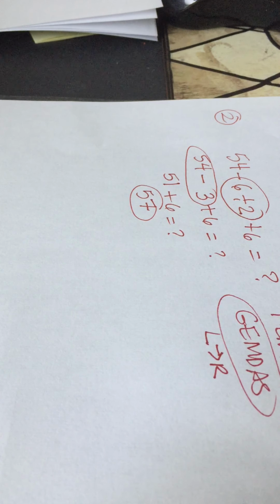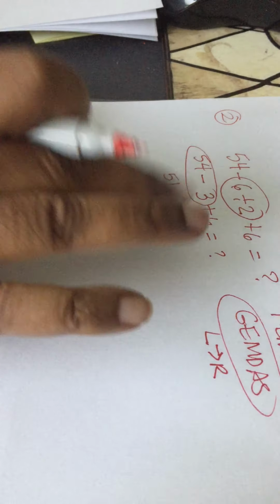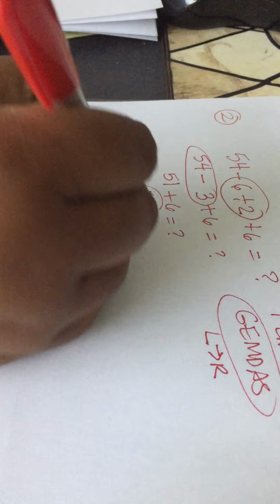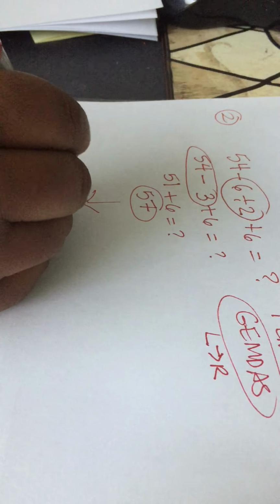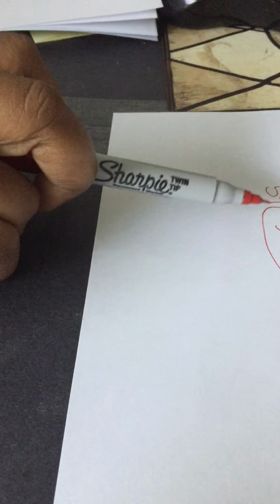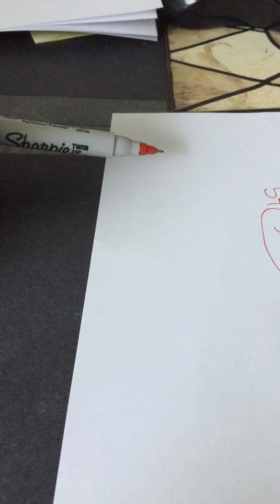Now, if I did this, I say to do it in order so you do not confuse yourselves. But if I have 54 minus 3 plus 6, if I did this first, I would need to know that that is not 3 plus 6.